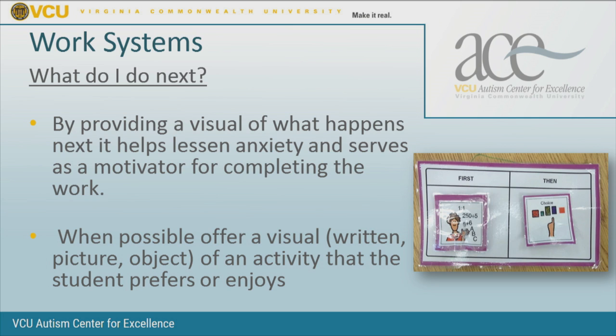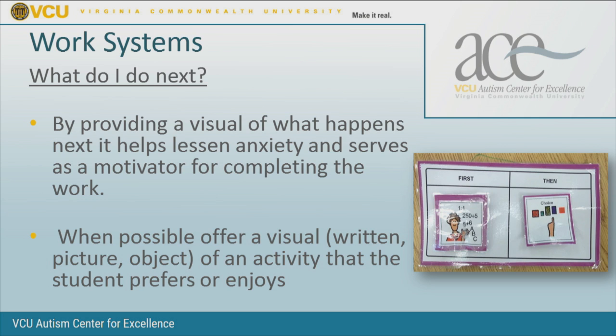It's important for our students to know, what do I do next? Many of the students on the spectrum don't know what to do with free time or understand how to transition from one activity to the next, and using visuals to help with this is really important. By providing a visual of what happens next, it helps to lessen anxiety and serve as a motivator for completing the work. When possible, try to use visuals that are written, picture, or object of activities that the student prefers or enjoys.